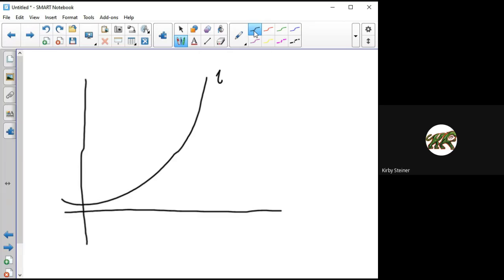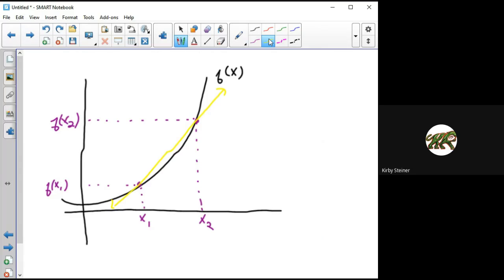This was our f of x, and we had some x1 and some x2 from which we made points. We drew a secant line through these points, and we calculated the slope of the secant line.